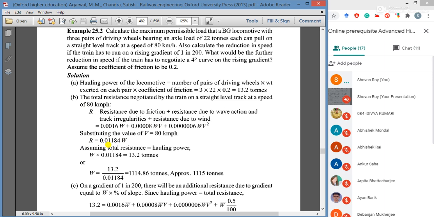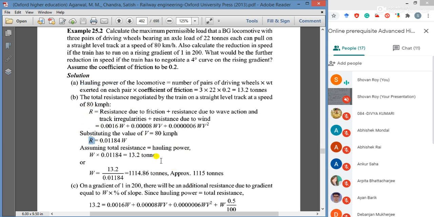Assuming the total resistance equals the hauling power, we can assume this hauling power is equal to this total resistance, this R value.